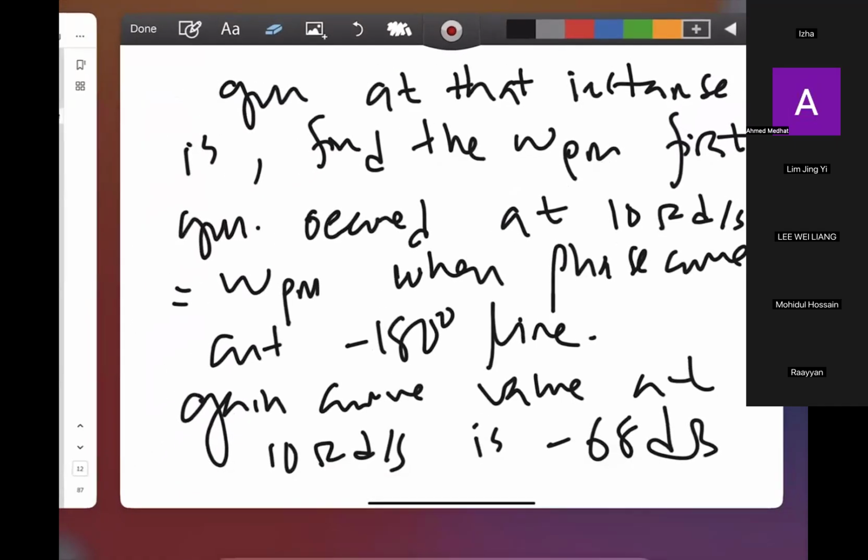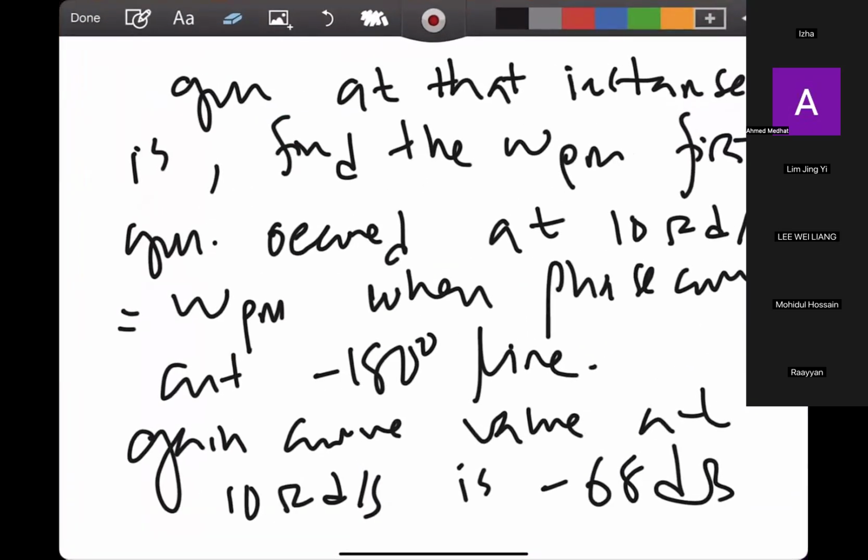So we know already that we have to shift the gain curve up by 48 decibel, because we want to fulfill the phase margin of 60 degrees.